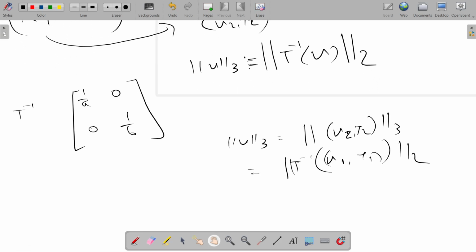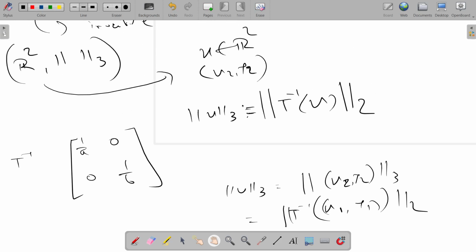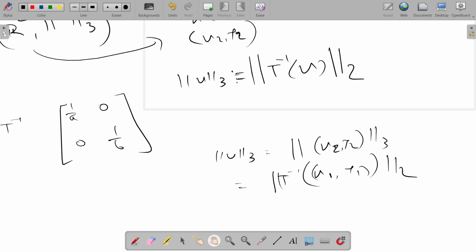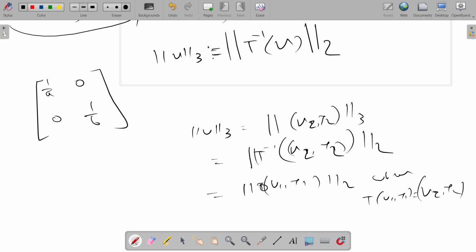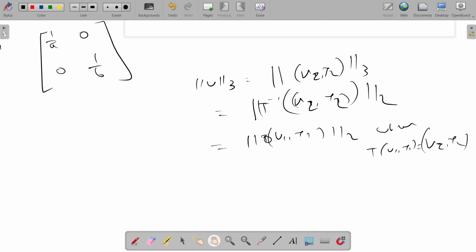Now what is T inverse? Sorry, this is T inverse of x2 y2, which is nothing but x1 y1, where T of x1 y1 is x2 y2, I mean the image and the pre-image.